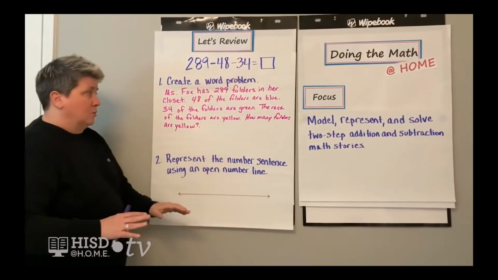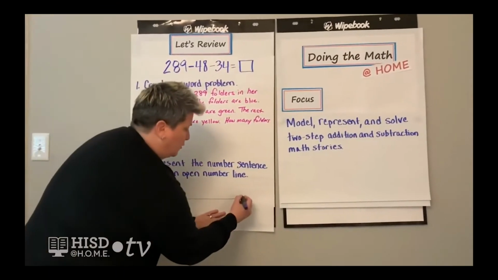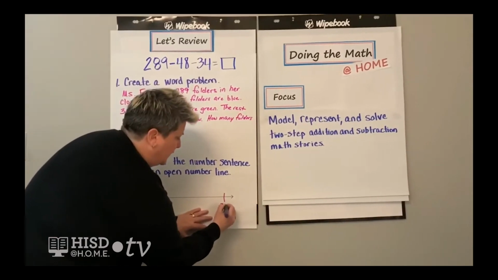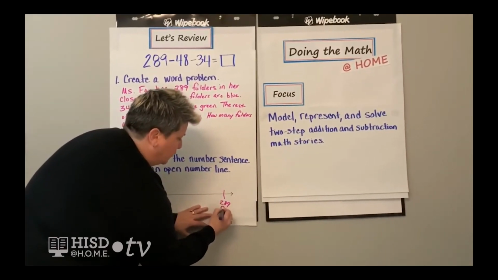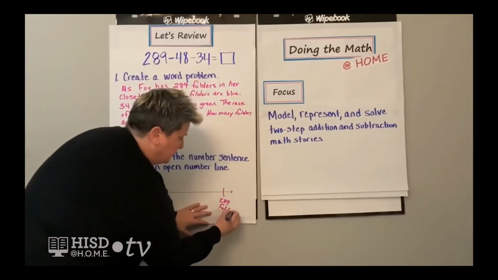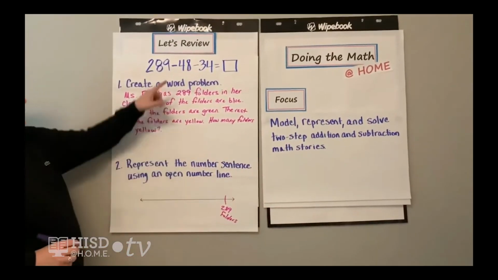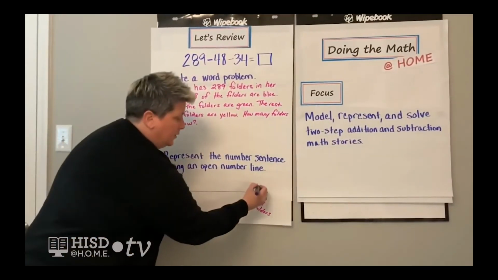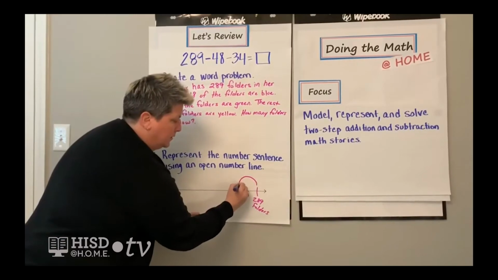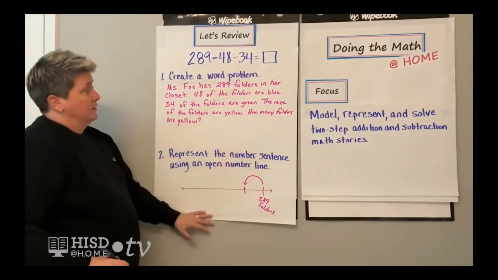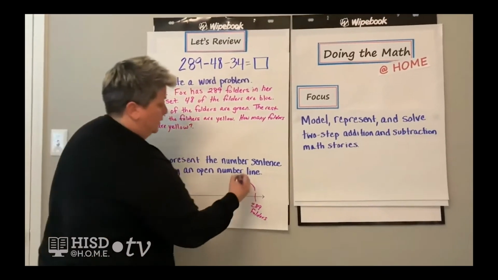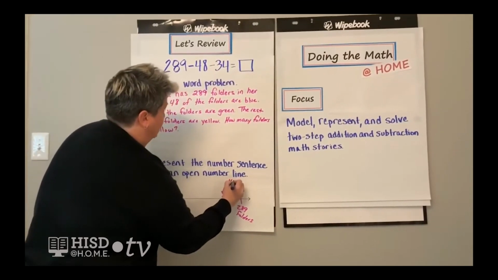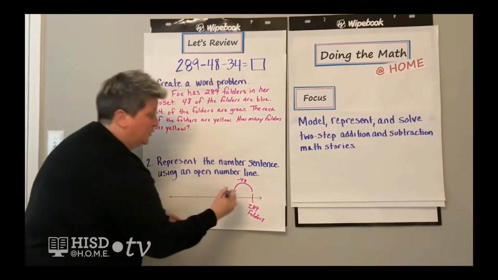So we know that we started with a total of 289 folders. We know if we jump backwards, that will tell us how many folders are blue.